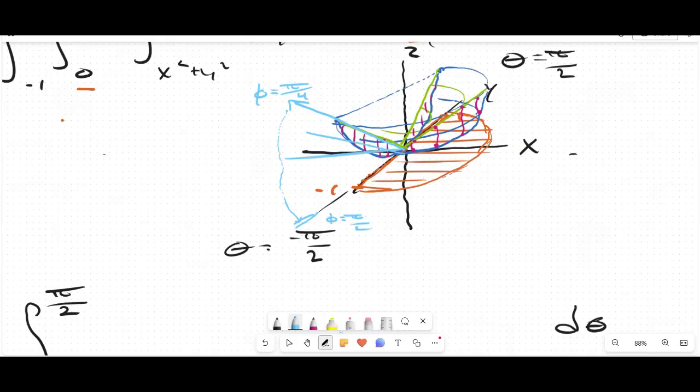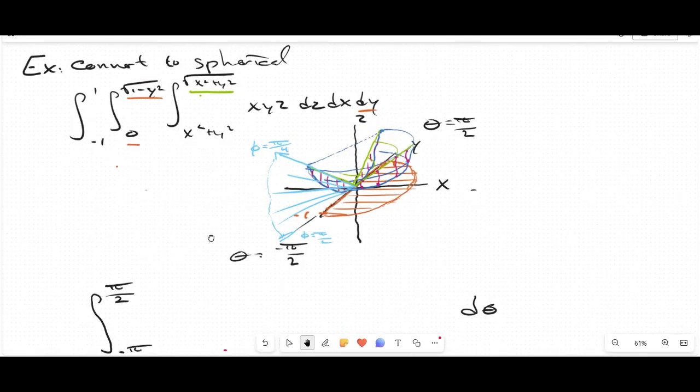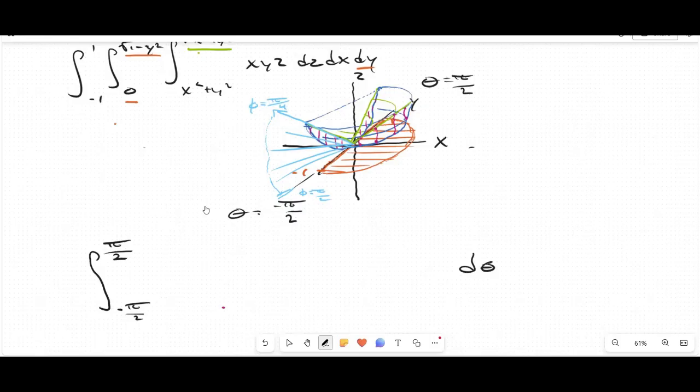Those are the phi values that count. Pi over 4 to pi over 2. That's d phi.